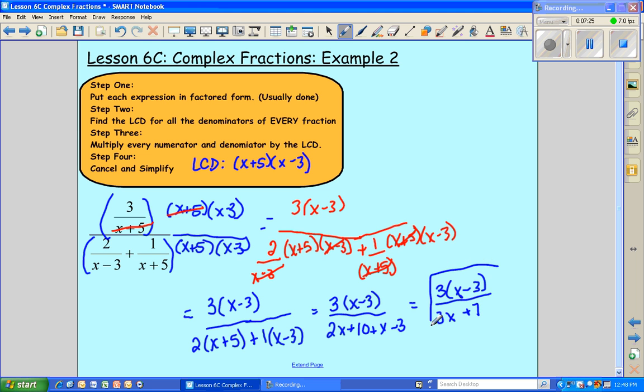Now this would be the factored form. You could also say 3x minus 9 over 3x plus 7. Again, the factoring doesn't get you anywhere, so it doesn't make a difference whether you do that or not. All right, let's try another one.